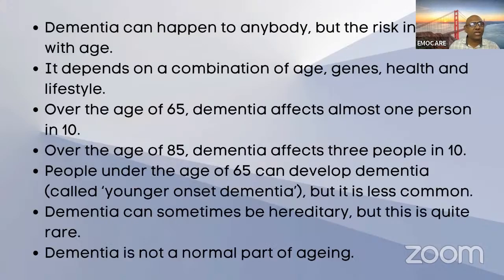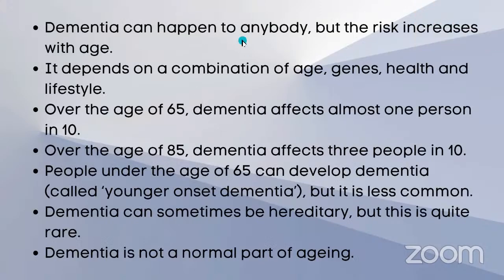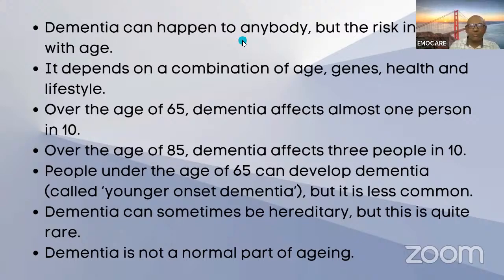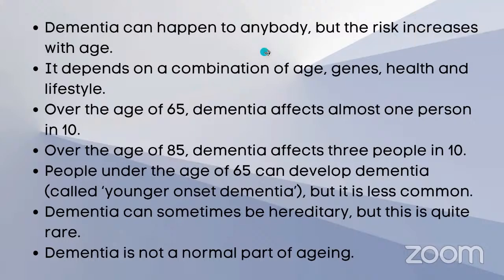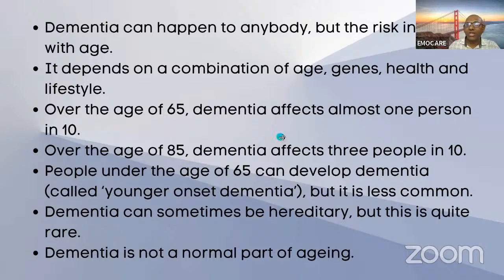Okay, who gets dementia? Anybody may get it with age. So it depends upon age, genes, health, and lifestyle. Over the age of 65, dementia affects almost 1 in 10. Above 85, dementia affects 3 people in 10.